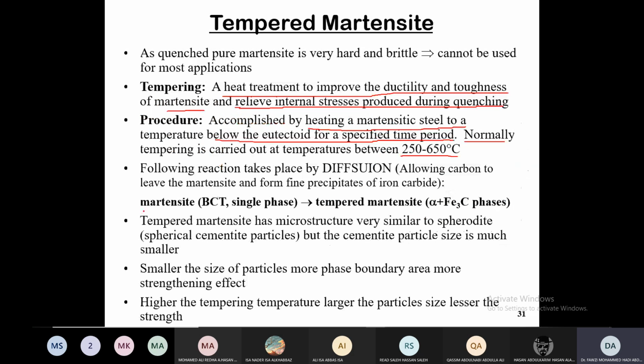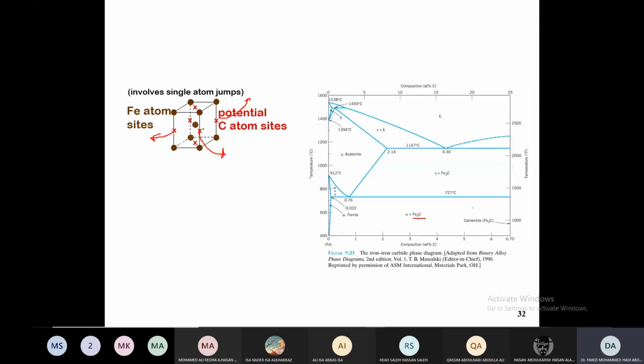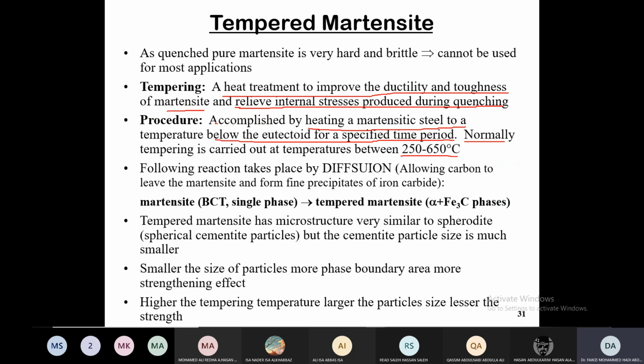So what happens in that transformation? When we raise the temperature of the martensite and keep it, let's say, at 375 degrees centigrade or 400 or 500, whatever, the carbon atoms are going to escape, and the BCT crystal structure is going to change.